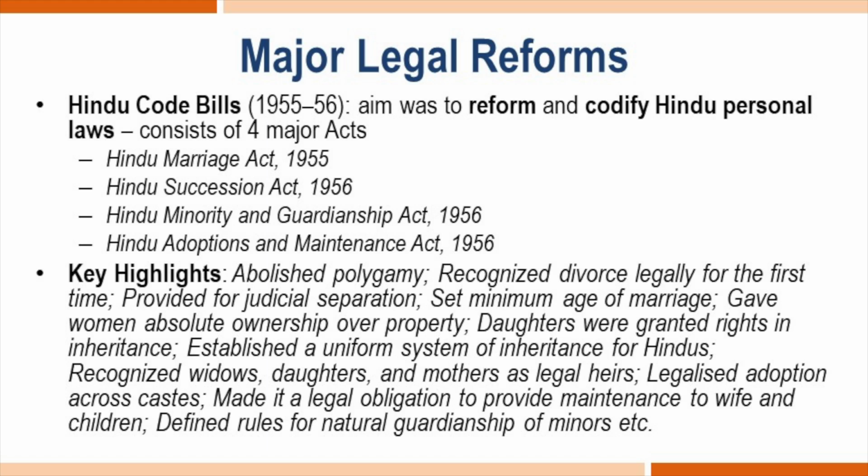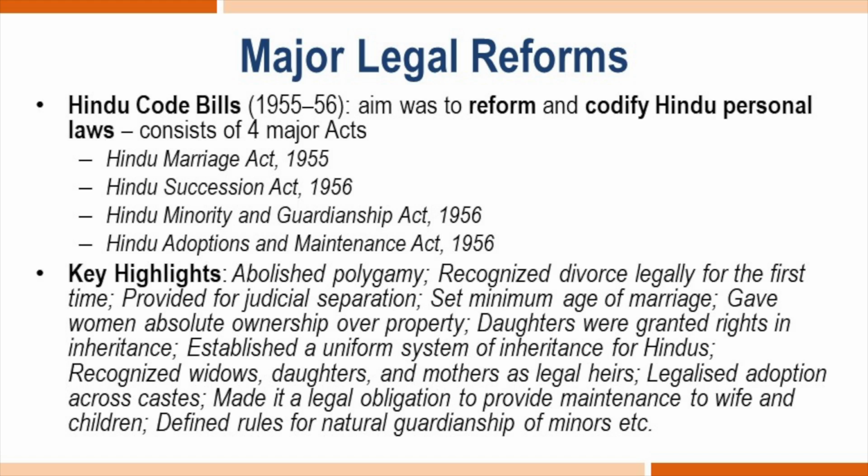All these acts and legal framework provided certain things. For instance, it abolished polygamy, it recognized divorce legally for the first time in the country, provided for judicial separation, it set a minimum age of marriage, gave women absolute ownership over property, daughters were granted rights in inheritance, it established a uniform system of inheritance for all Hindus, it recognized widows, daughters, and mothers as legal heirs, legalized adoption across castes, and made it a legal obligation to provide maintenance to wife and children.